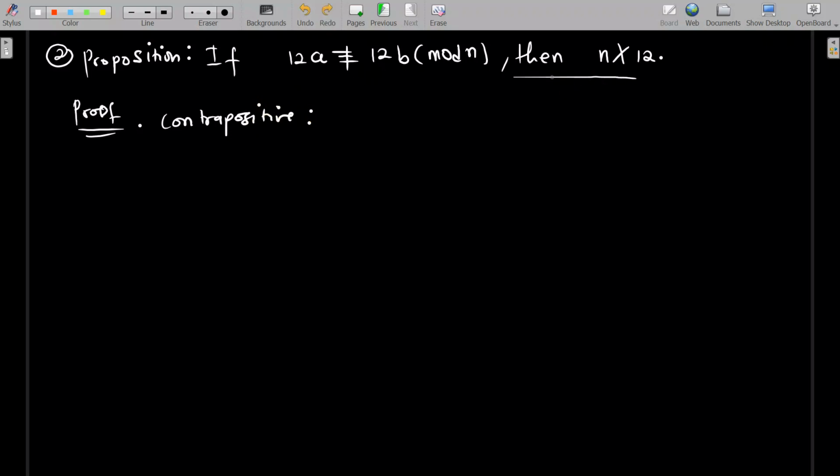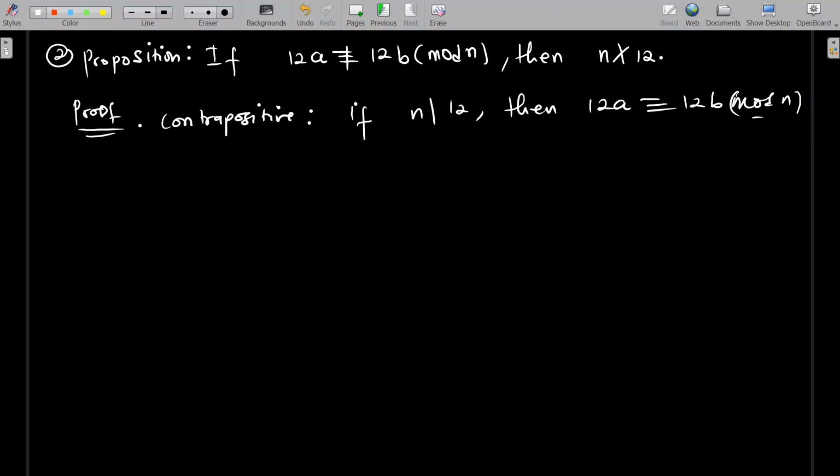So the negation of this guy implies the negation of that guy. So when we negate the other one, you're going to get if n divides 12, then we can say that 12a is congruent modulo to 12b mod n, right? So that is the whole idea about this contrapositive.